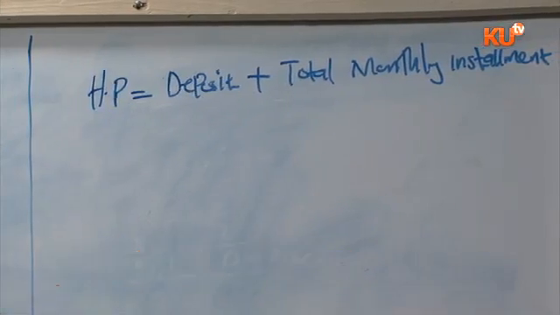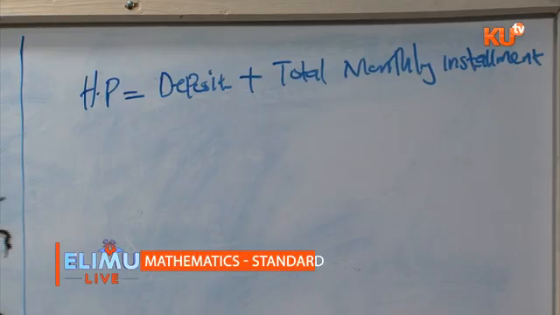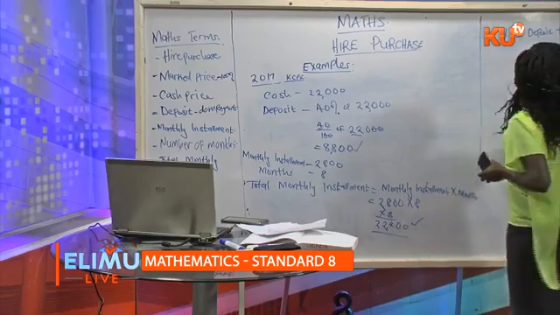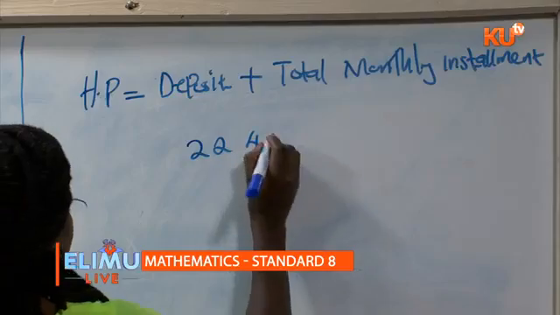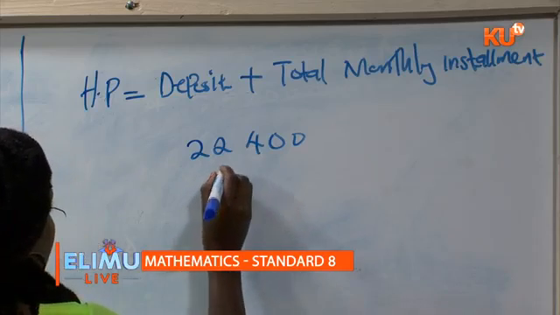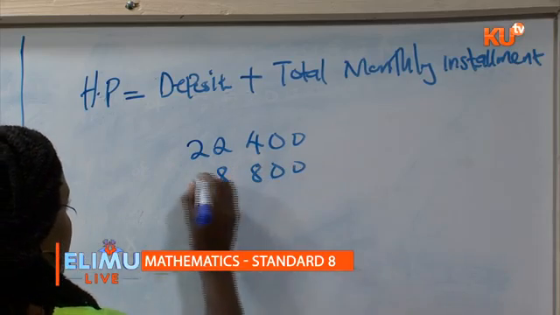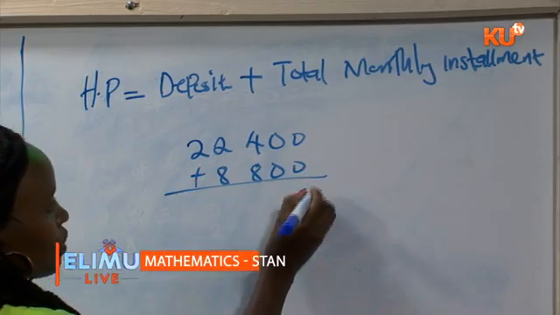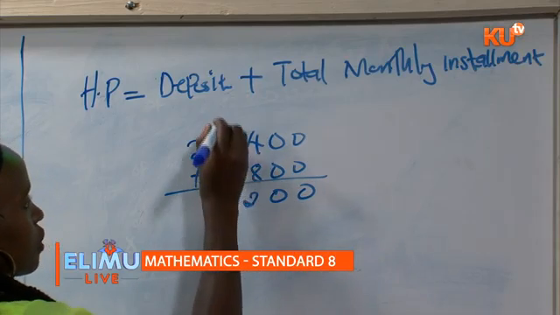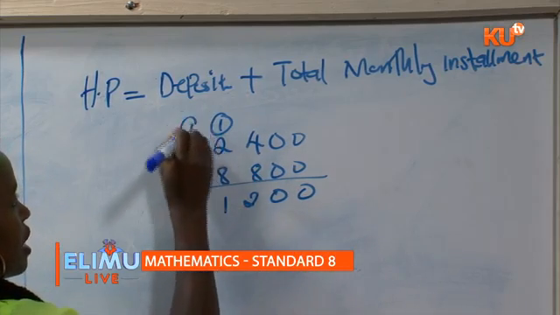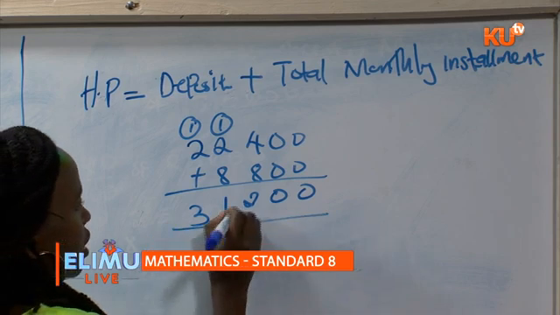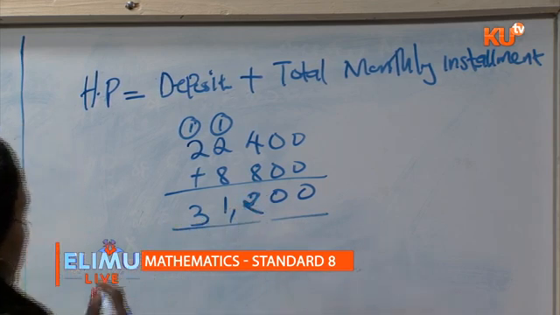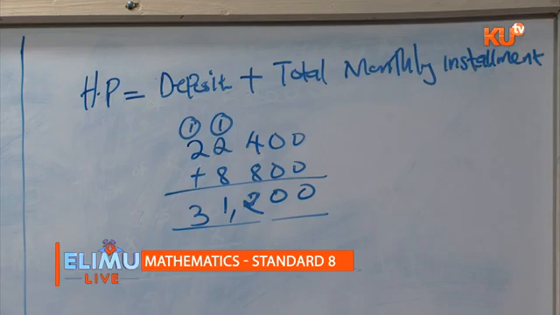So the deposit is here, 8,800, and then we have the total monthly installment of 22,400. 22,400 plus 8,800. So we are adding 12, carry 1, 11, carry 1, 3. That 31,200, that was the hire purchase.